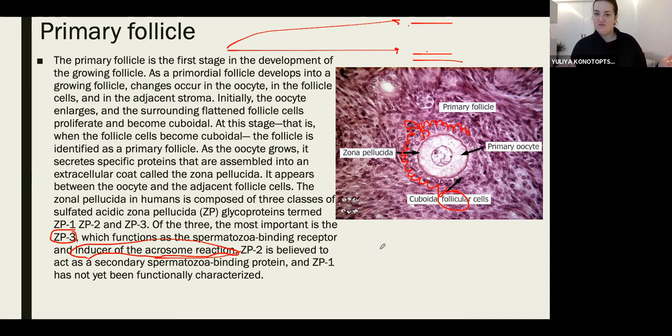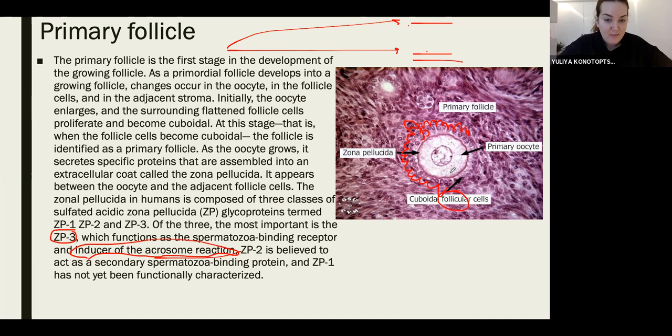Are they active? No, these enzymes are not active. Something needs to activate them. And what is that something? ZP3 in the zona pellucida. So basically, zona pellucida activates its own digestion. It activates the digestive enzymes to do the work.